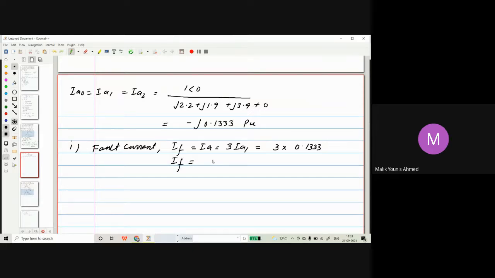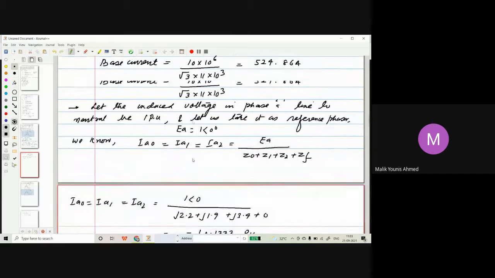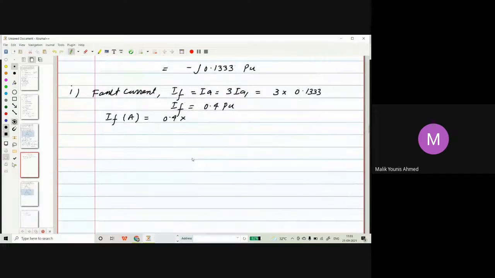So that will be 0.4 in per unit. Now if I have to find the actual value of the current in amps, the actual value will be the per unit value into the base value. Somewhere we have got the base value of 524.86.